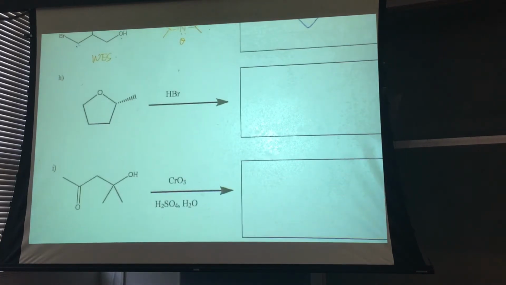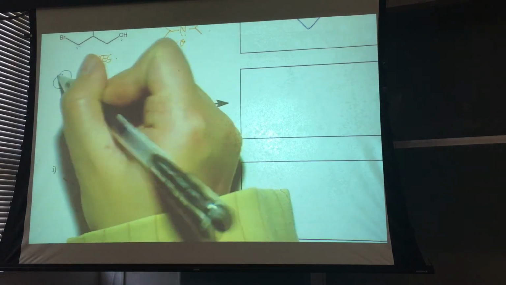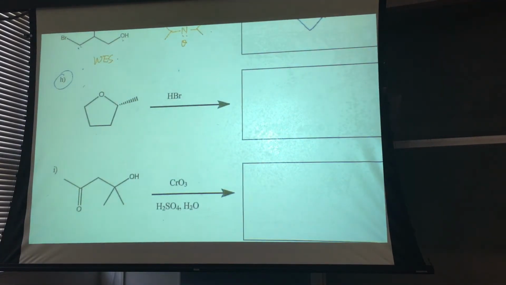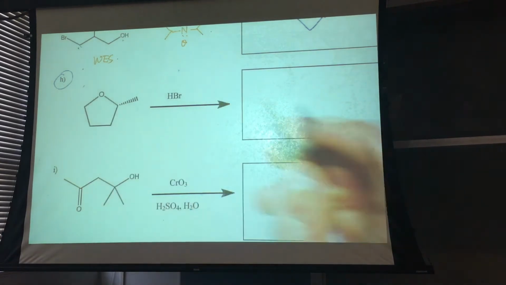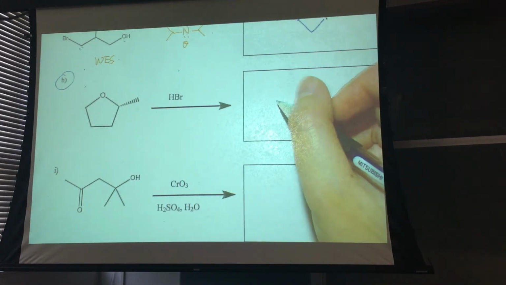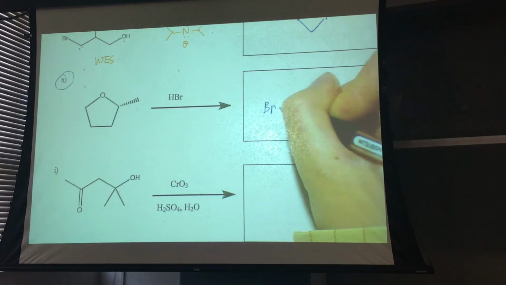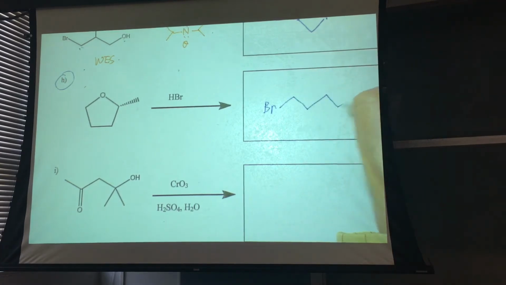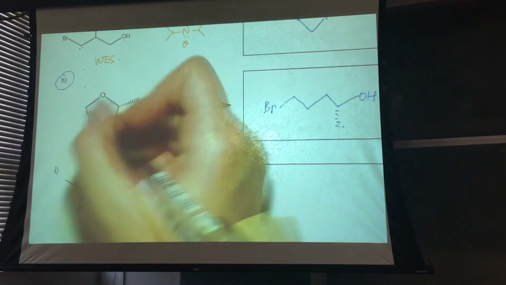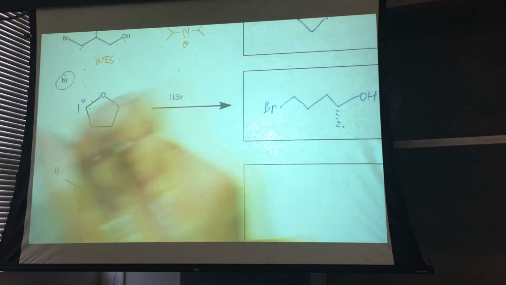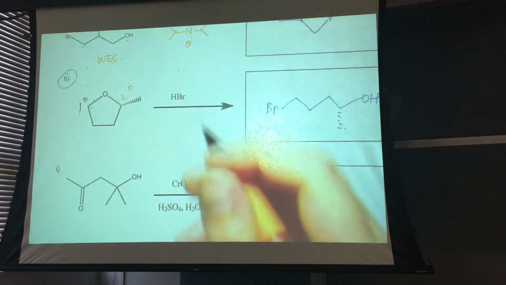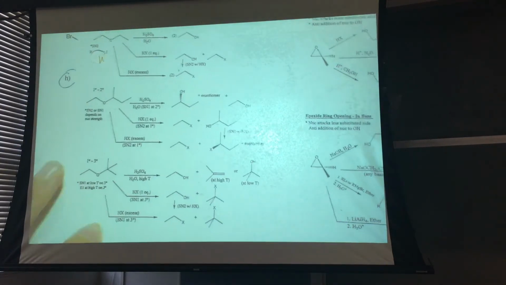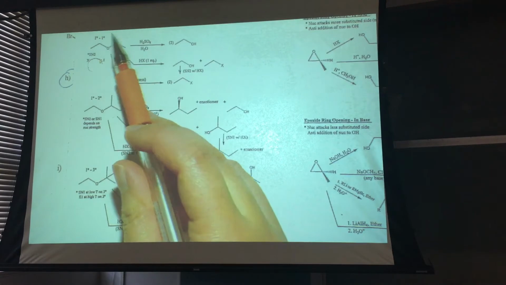I'll move on quickly. Question number 8. I didn't teach you how to do that. If you see a similar question in the exam, my advice would be to randomly select a side to open, and you don't need to really look into it, because on this side is primary, on this side is primary, on this side is secondary. So on the page of reactions, there's a bunch of tables.